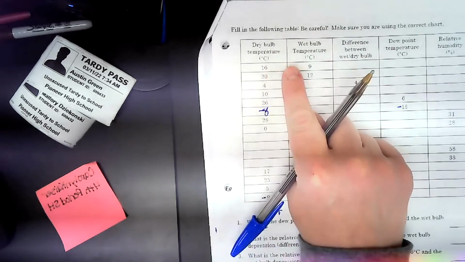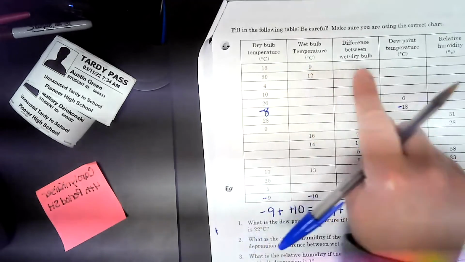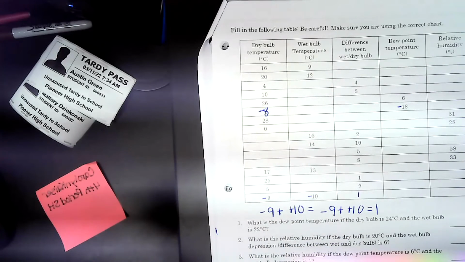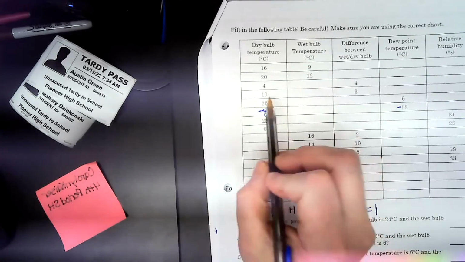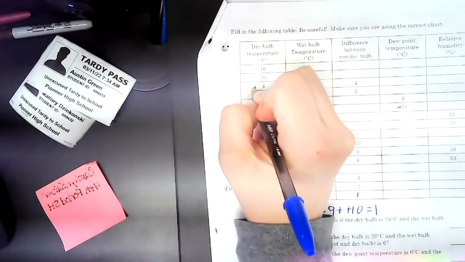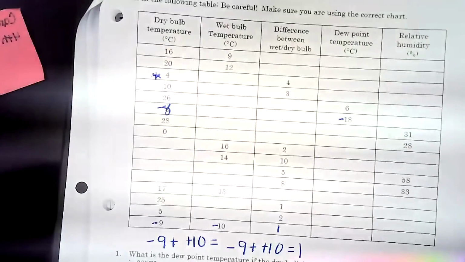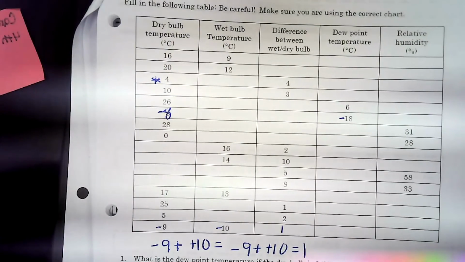So these first few are pretty easy. Dry bulb, wet bulb, fill in the difference, fill in the dew point, fill in the relative humidity. But then it gets weird. The third one down, let's do this. The one that starts with 4, the third one down. 4 is the dry bulb. They don't give me the wet bulb, but they tell me the difference is 4.